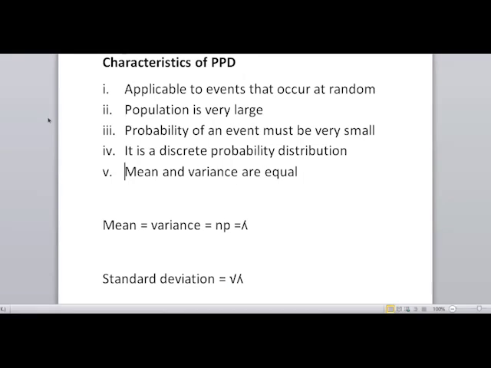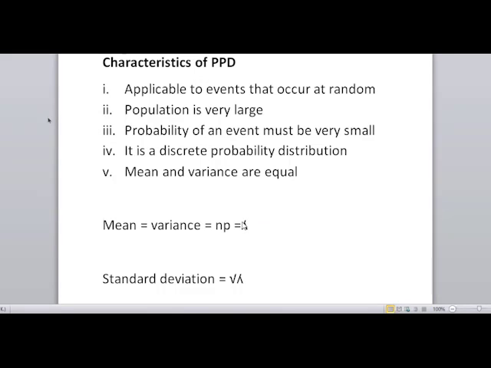The mean is equal to the variance and is equal to NP. Remember, N is the sample size and P is the probability of success. This NP is equal to this symbol you are seeing here, lambda.